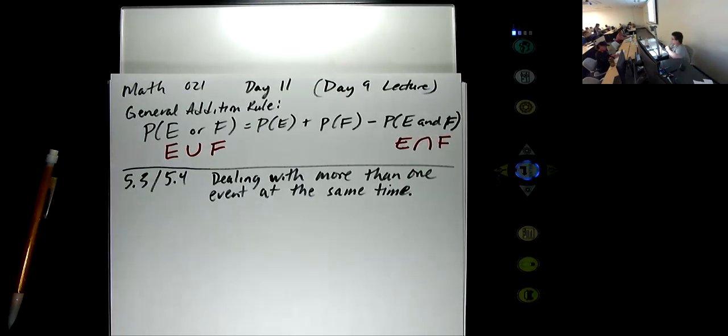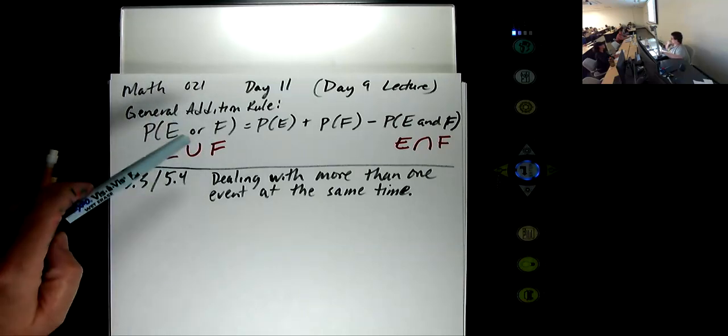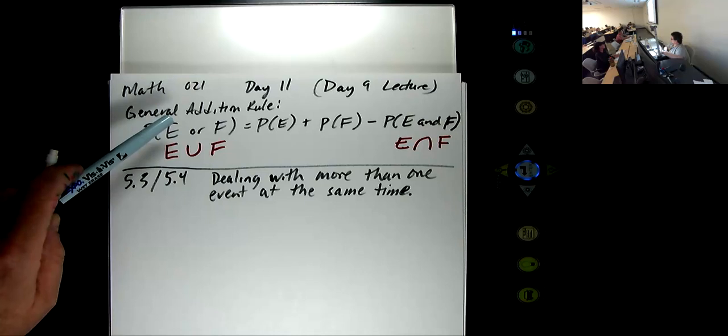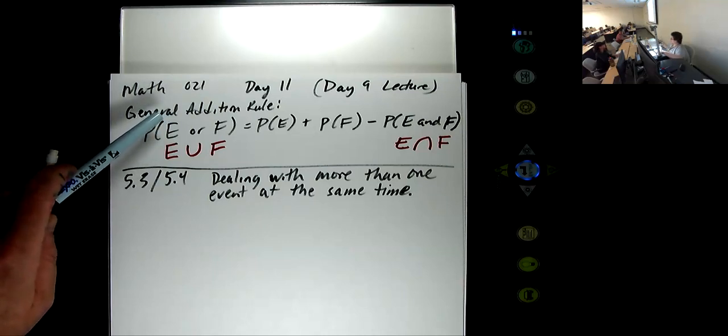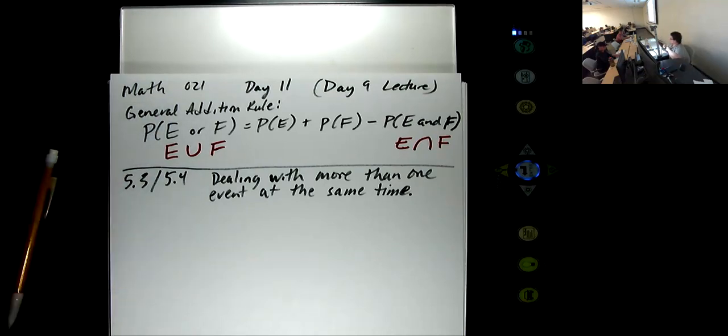Not like looking for an overlap, like E and F are two different things, but this was like rolling doubles or rolling an 8, which we did last week. Remember doing the Monopoly stuff? That was the same roll. Here, we're talking about how two different dice affect each other at the same time.